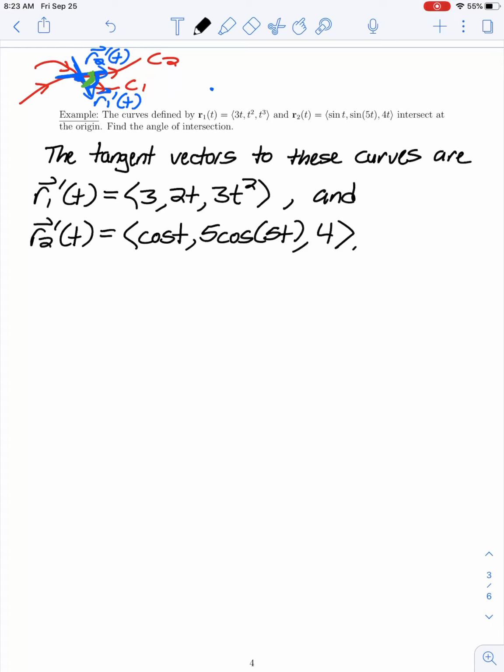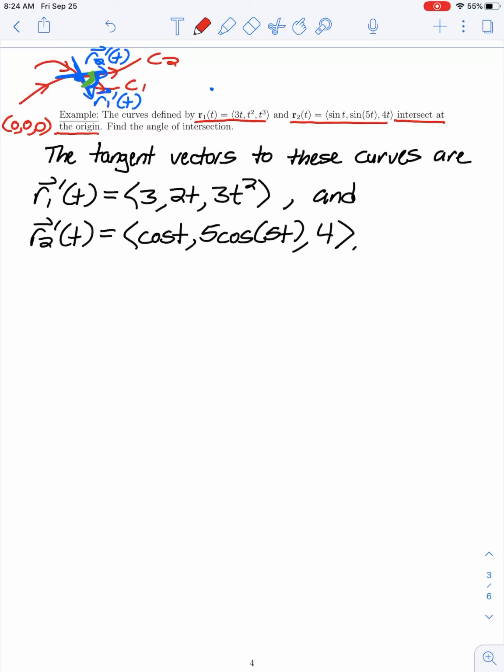So I have the two tangent vectors to my curve at any arbitrary point or for any arbitrary value of t. Now we were told that these two curves intersect at a specific point, namely the origin. So in space, the point 0, 0, 0. So we need to determine what value of t corresponds to the origin. So to find that, we could take the components of either one of these two vector functions and set all three of them equal to 0.